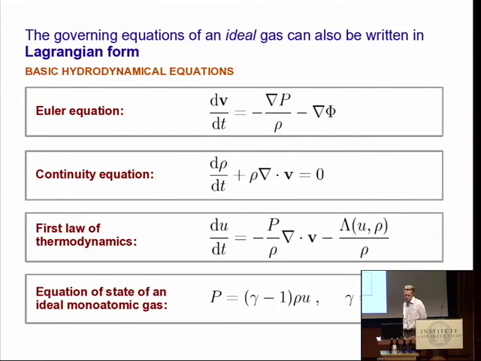Lagrangian form because you're trying to move along with the flow, and your resolution elements are not fixed in space like in the Eulerian approach, but are essentially pieces of the flow, and you translate along with this piece and follow how it reacts to the forces from its environment.